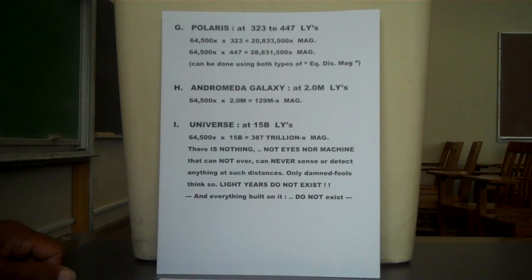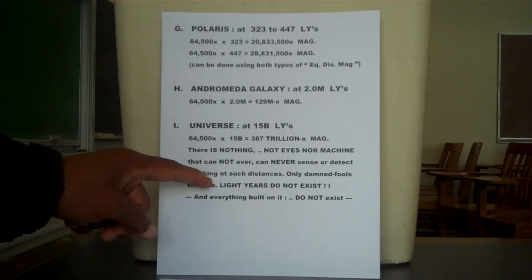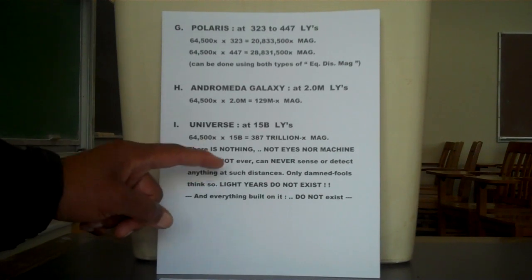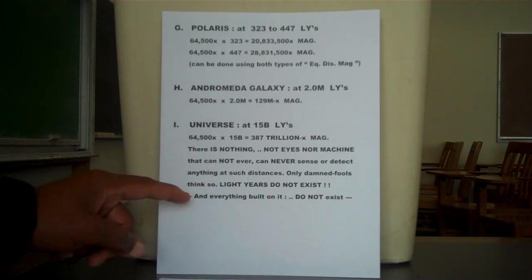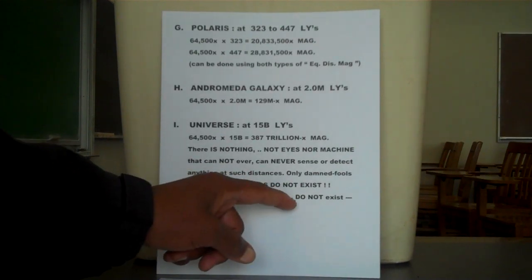There is nothing, not eyes nor machine, that can sense or detect anything at such distances. Only damn fools think so. Light years do not exist, and everything built on it does not exist.